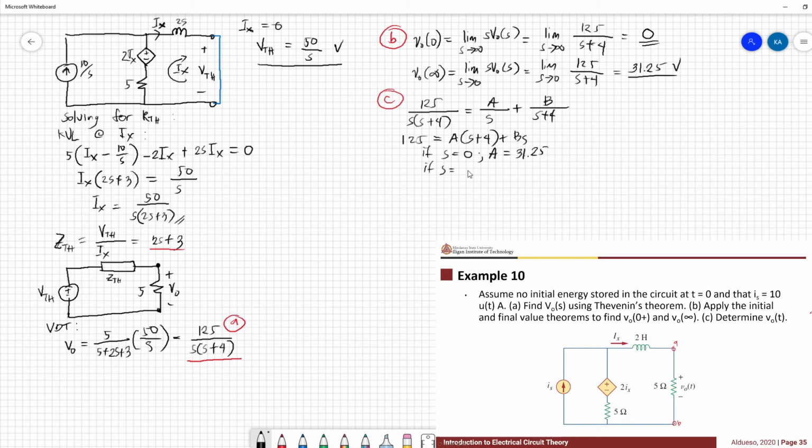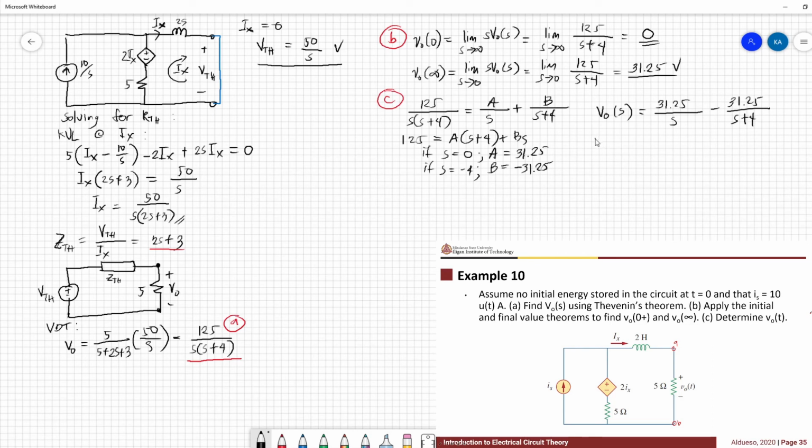If s is equal to negative 4, B is negative 31.25. Our Vo of s is equal to 31.25 over s minus 31.25 over s plus 4.